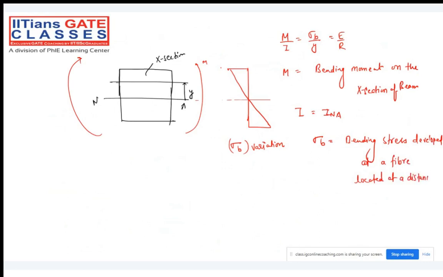Y is the distance of the fiber on the plane of the cross section from its neutral axis. And R, everybody knows, is the radius of curvature.